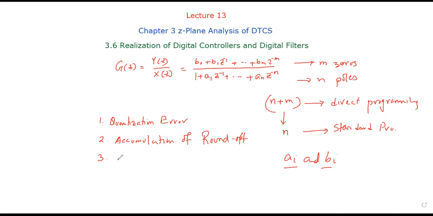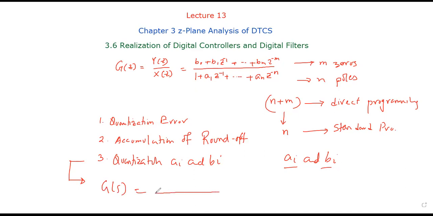Because of that, the third kind of error is generated: quantization of ai's and bi's.